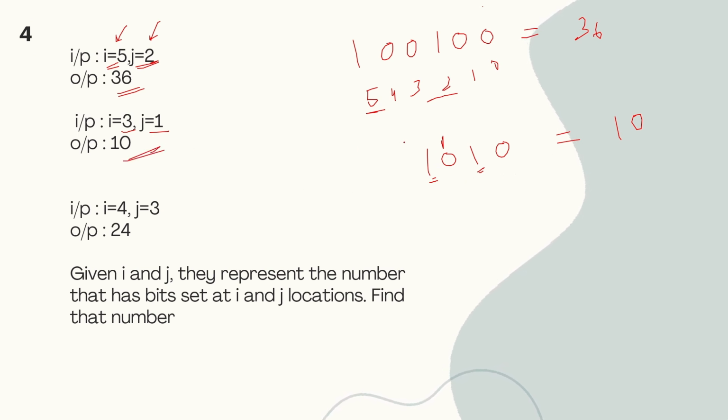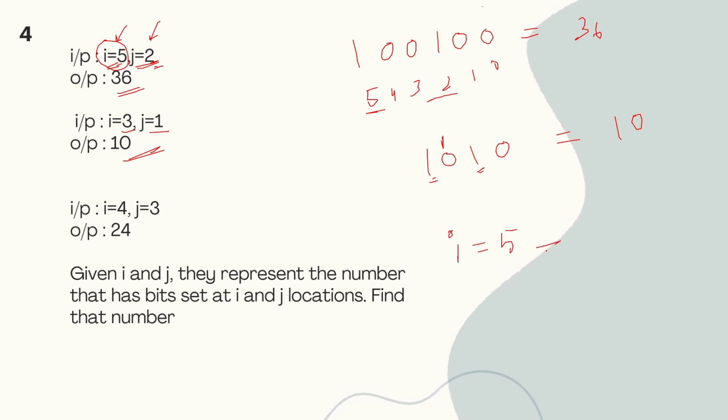Now can you do this problem? How can you solve this problem? You need to generate a number such that you will get 1 at 5th position and 1 at 2nd position. You know how to generate a number which will get 1 at 5th position. So let's try to solve this problem in a simpler manner, right? Let's say I is given as 5.